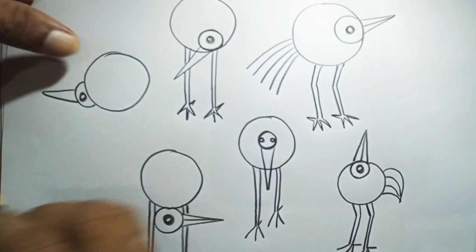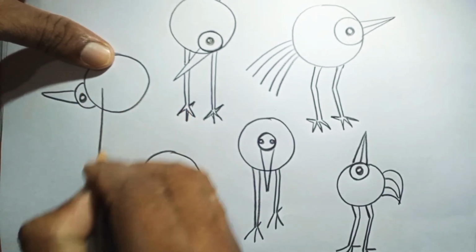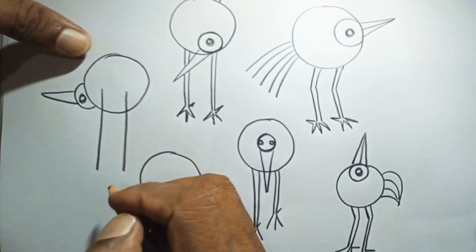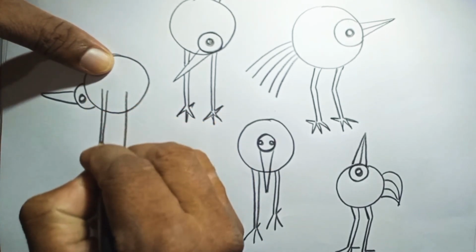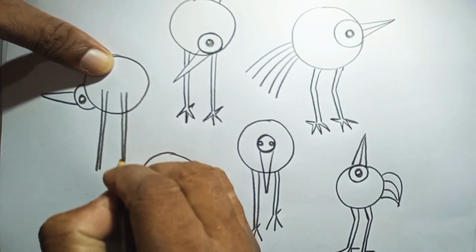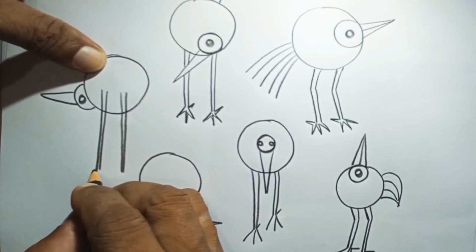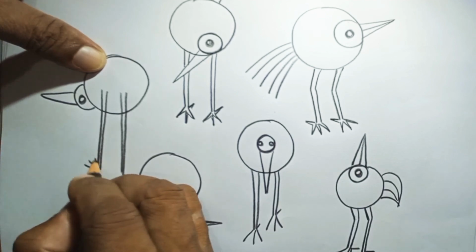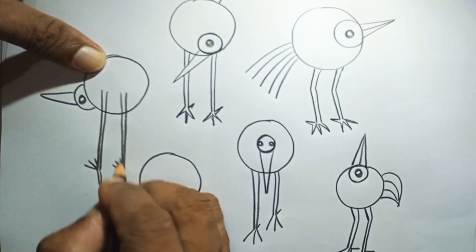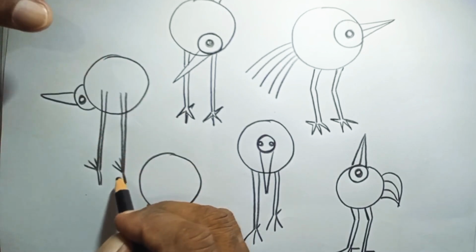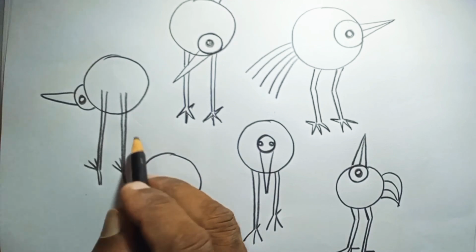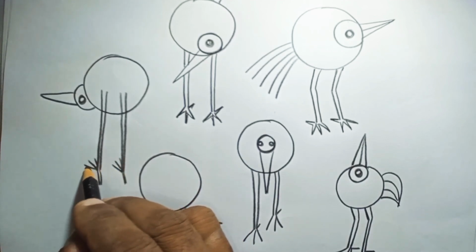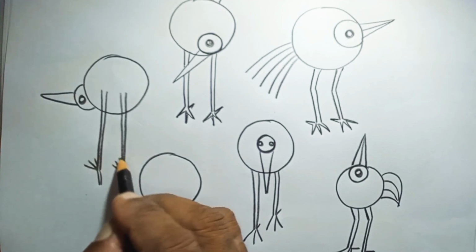Yeah, now I'm adding two lines forward, legs are here. 1 2 3. From this front view, the bird is going that side. That's why three fingers that side, front side.